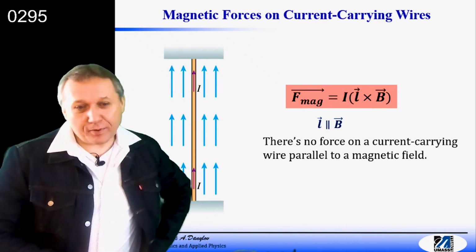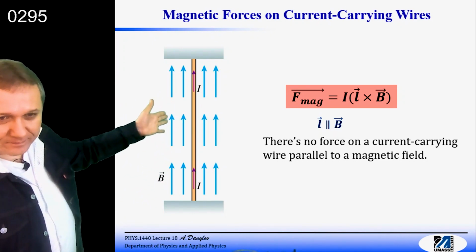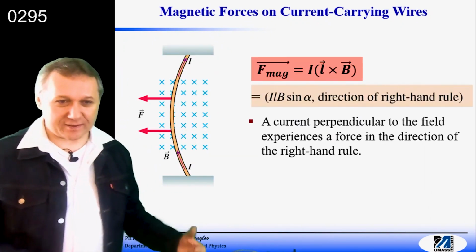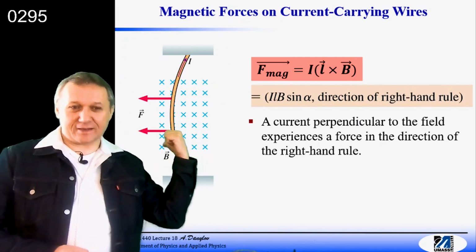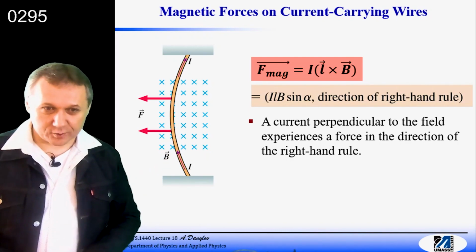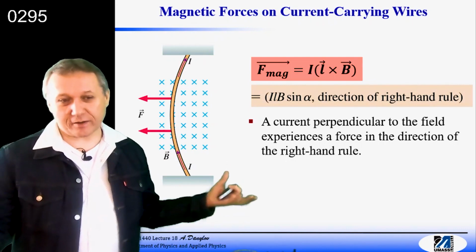Right. But if we turn this magnetic field by 90 degrees, like in this case, basically the same situation, but now the magnetic field is into the board. So now the force is not going to be 0, so we have to be careful and apply the right-hand rule properly.